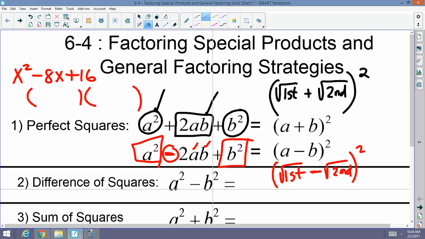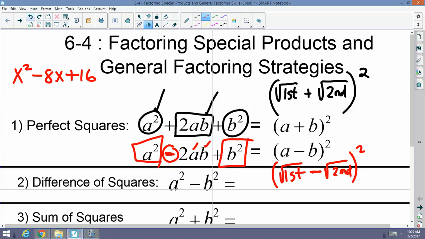What times what is 16, but when added together is 8? 4 and 4. Well, what's (x plus 4) times (x plus 4) using exponential notation? (x plus 4) squared, correct? Okay, you could do that, and that works fine. However, not efficient at all. Not a good method. You can do it in a pinch, okay? You get stuck, you forget, no worries, you could do it. But let's really learn it today.